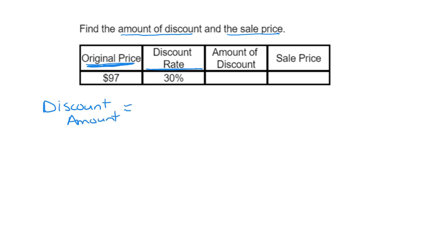So the discount amount can be found by taking the original price. I'm going to abbreviate that original price, and we're going to multiply it. I'm going to put an asterisk for multiply. We're going to multiply it times the discount rate.